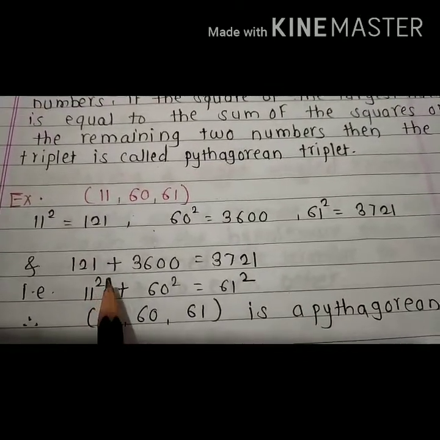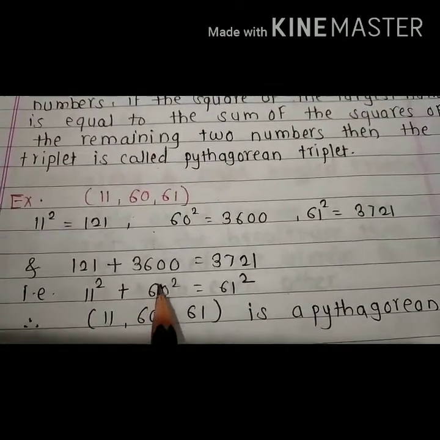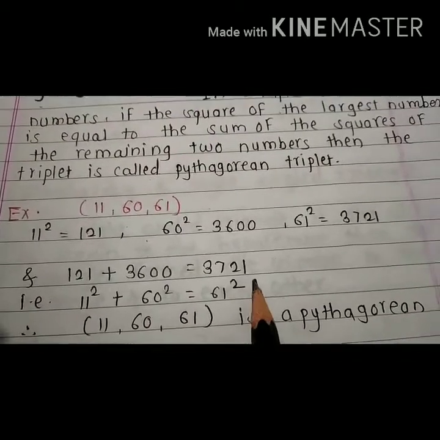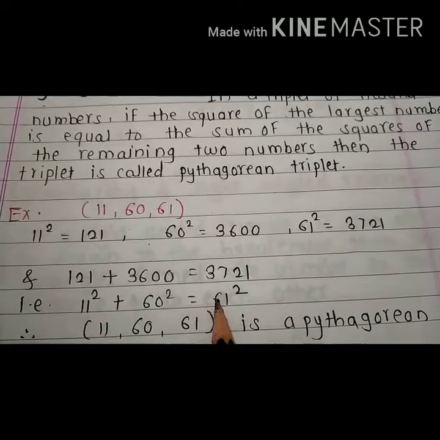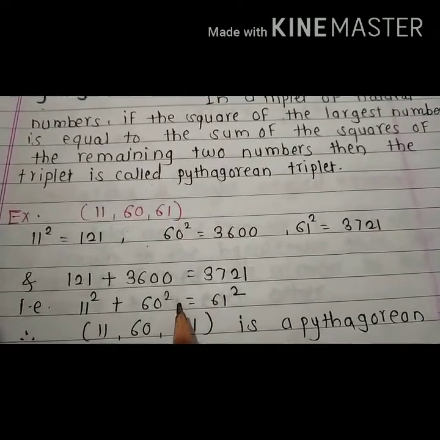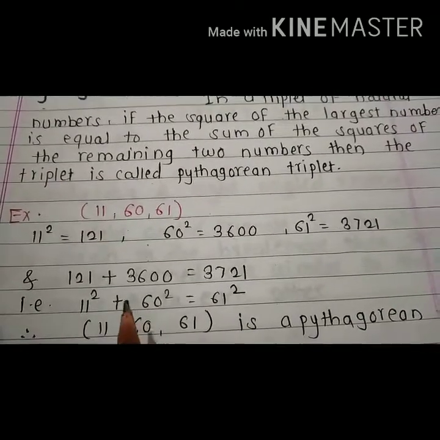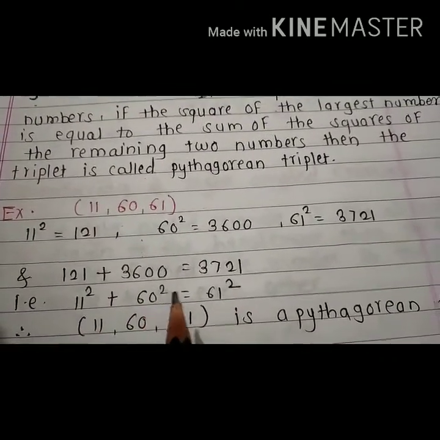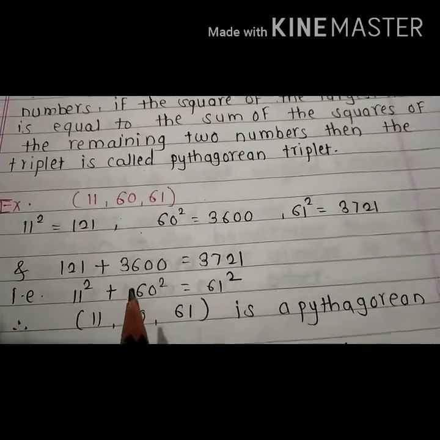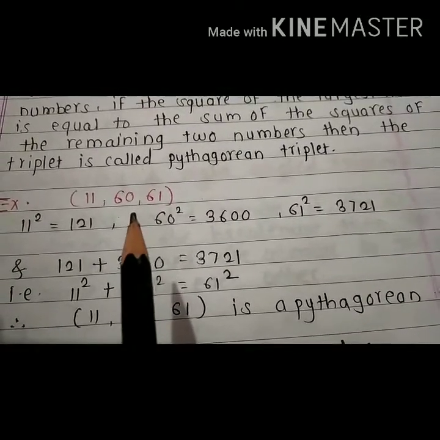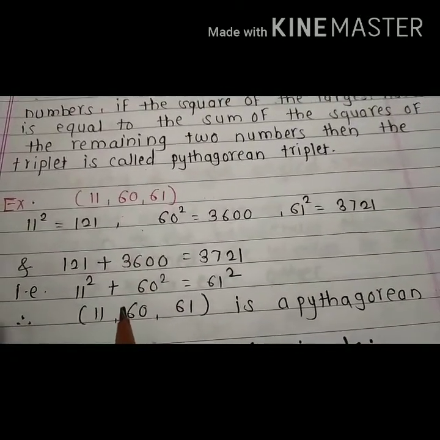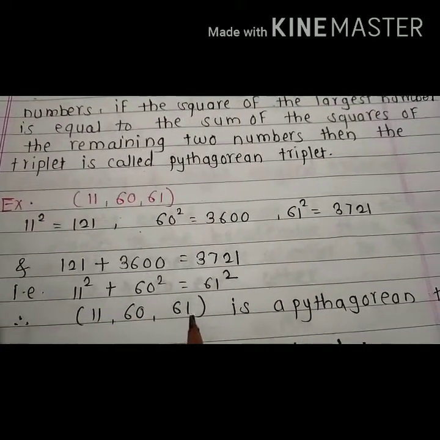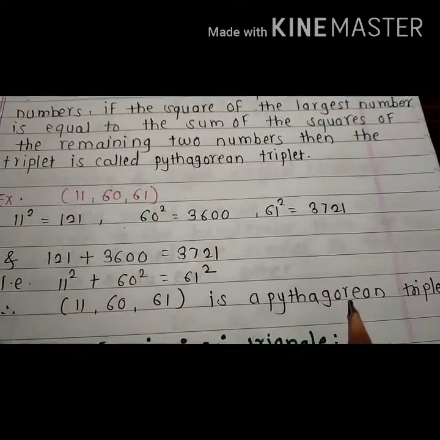That is 11 square plus 60 square is equal to 61 square. Means the square of the largest number is equal to the sum of squares of the remaining two numbers, so both sides are equal, then the given triplet is a Pythagorean triplet. Therefore, 11, 60, 61 is a Pythagorean triplet.